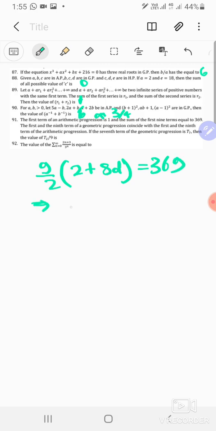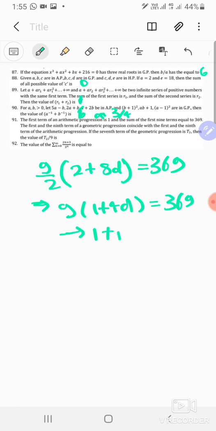That's like 9 into 1 plus 4d is equal to 369. So 1 plus 4d is equal to this thing upon 9, which is just 41. So d has to be 10, right? We know the difference is 10 and the first term is 1.